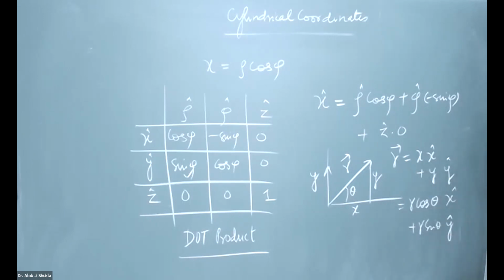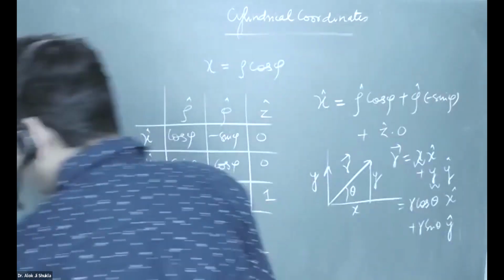We don't realize it because it is so simple. Are you getting it or not? Yes, sir. r dot x cap is x, r dot y cap is y. So it is the dot product which is written here. Okay? Yes, sir.